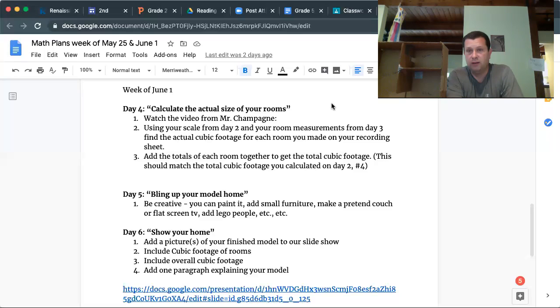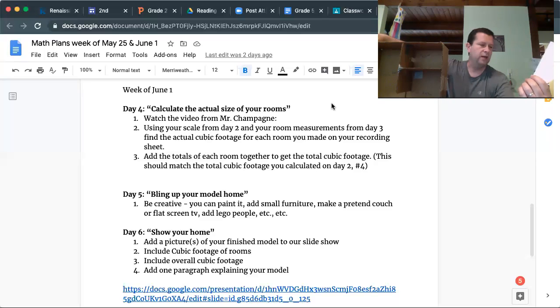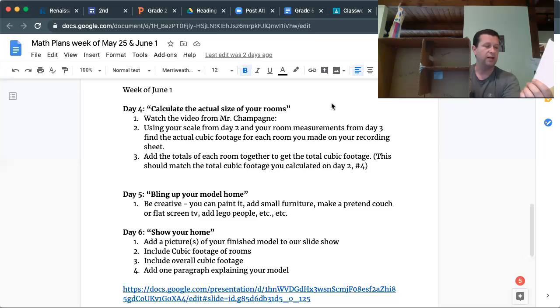The last step is to look back on your recording sheet for day 2. If you remember, for day 2, we did the entire box. Mine was 18 by 16 by 6.5, and I doubled each of them, so I got 36 by 32 by 13. Guess what that totals?